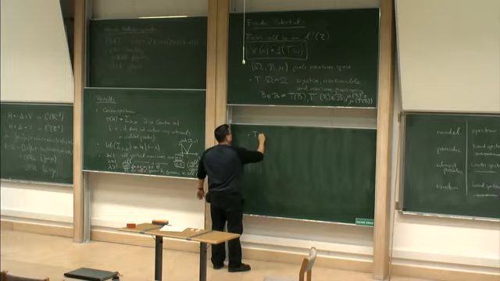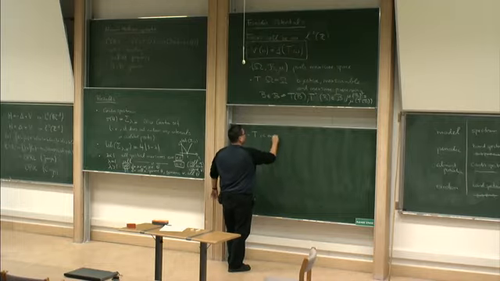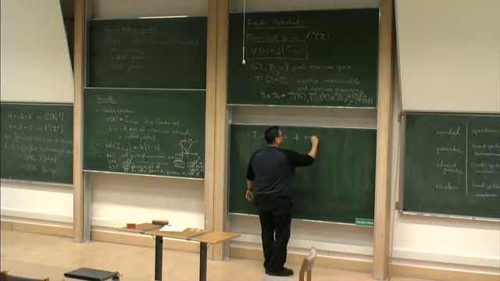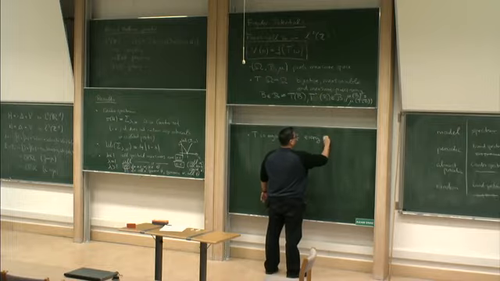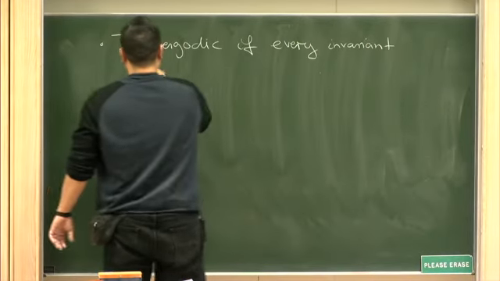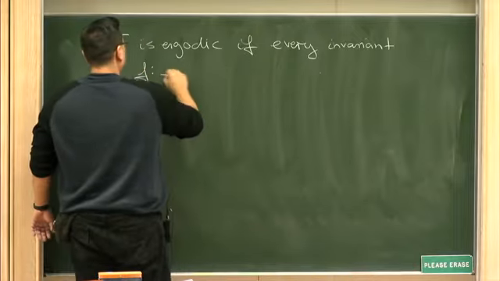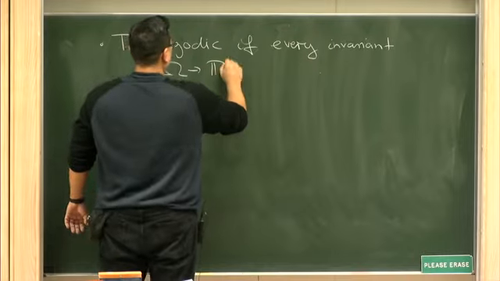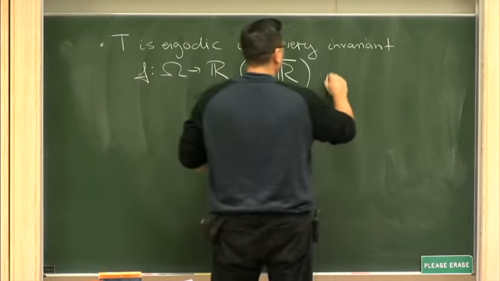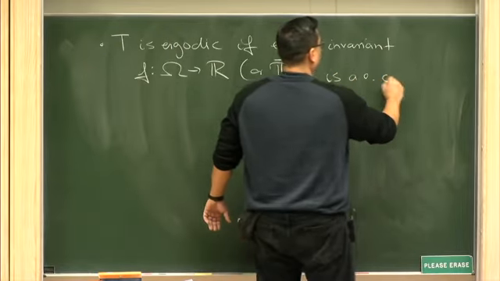T is ergodic if every invariant function is almost everywhere constant.